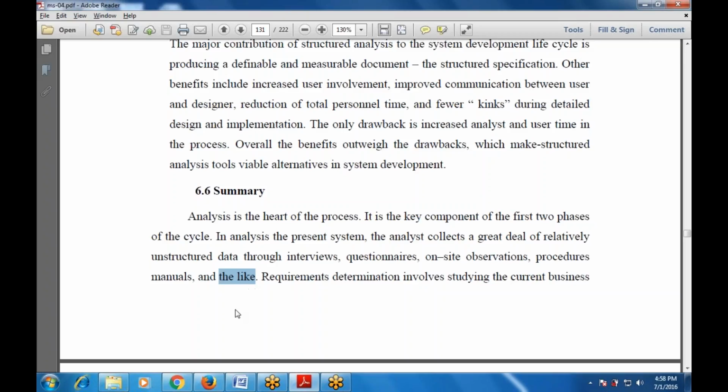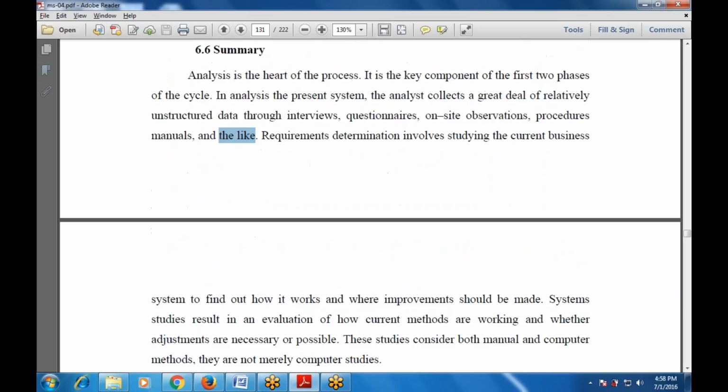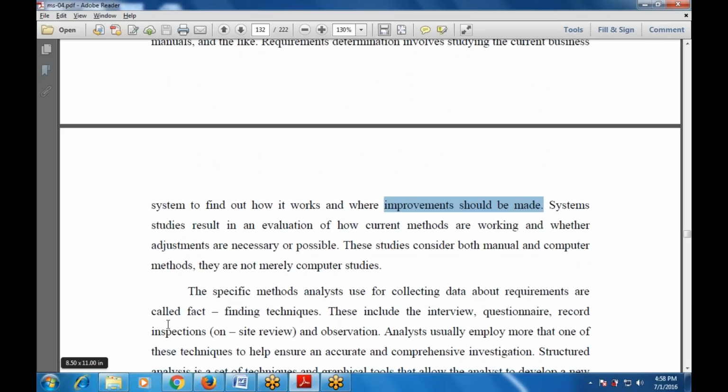Requirement determination also involves studying the current business system to find out how it works and where improvement should be made. System studies are also used to evaluate how current methods are working. These studies consider both manual and computer methods.